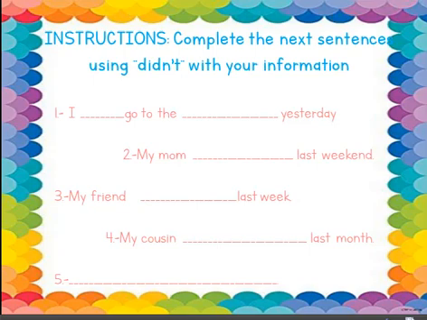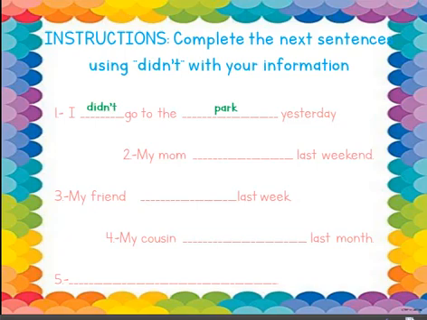The number one says, I didn't go to the park yesterday. Okay, in this case, didn't is obligatory. And probably you have go to the school, go to the movies, go to the mall, go to the supermarket, etc.